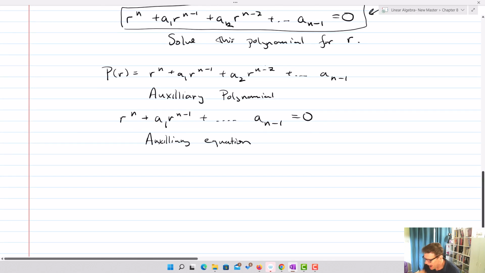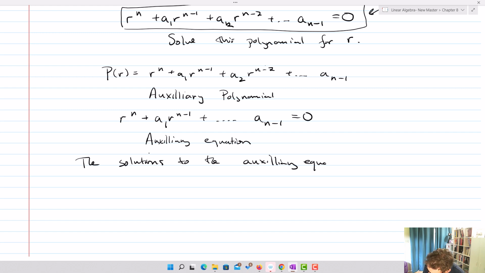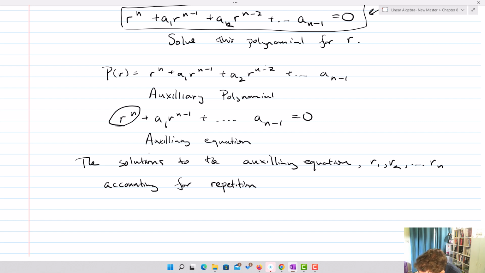The solutions to the auxiliary equation are going to be, we'll call them r1, r2, all the way down to r sub n, because it's an nth power polynomial. This is accounting for repetition and complex roots, and we'll talk about that a little more in a bit.